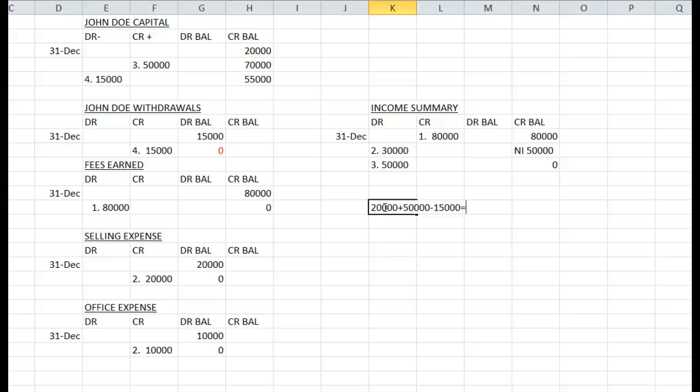You know that the ending owner's equity balance would be, in fact, the same amount, $55,000, which is in the capital account itself. So this $55,000 would show up in 2 places. It would show up in the statement of owner's equity, and it would show up as the ending owner's equity in the balance sheet.